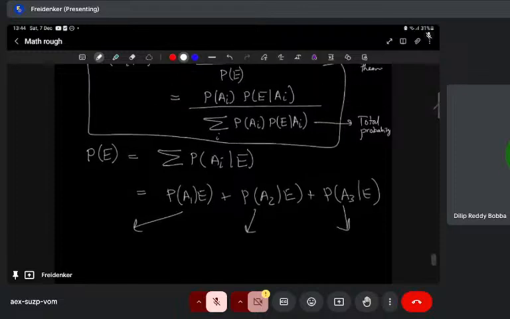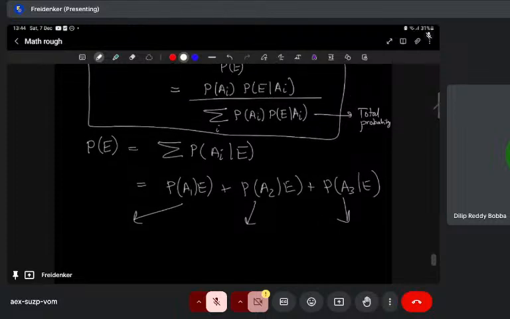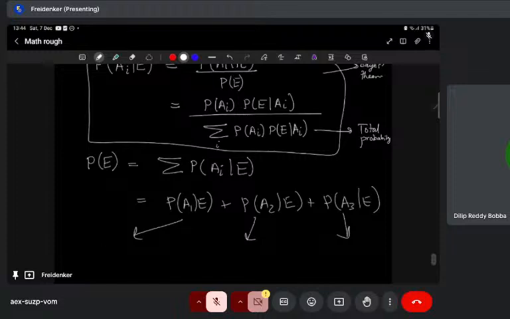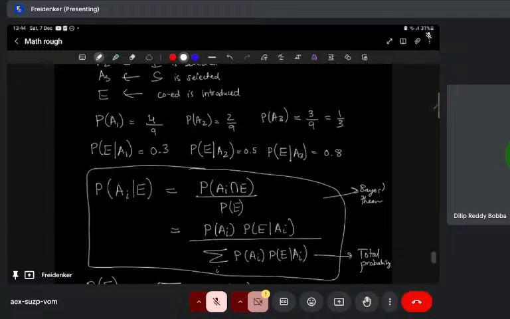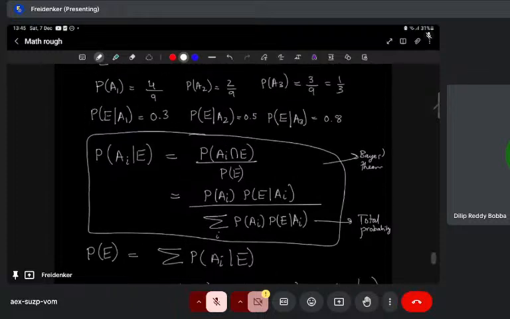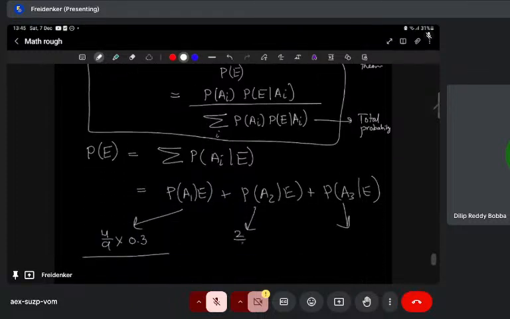What is probability of A1 given E? Probability of A1 is 4 by 9, into probability of E given A1, which is 0.3. Denominator I will look into later. 2 by 9 into 0.5.